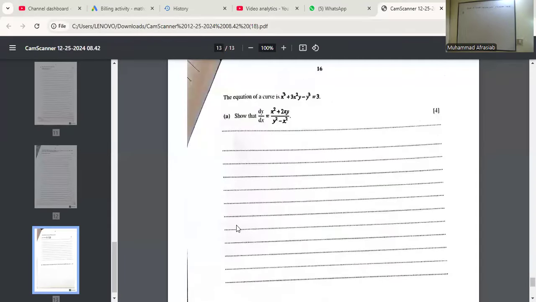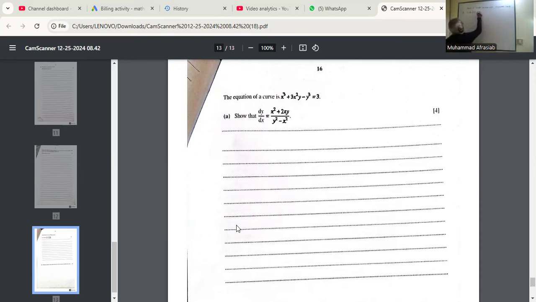The equation of this curve is x cube plus 3x square y minus y cube is equal to 3.